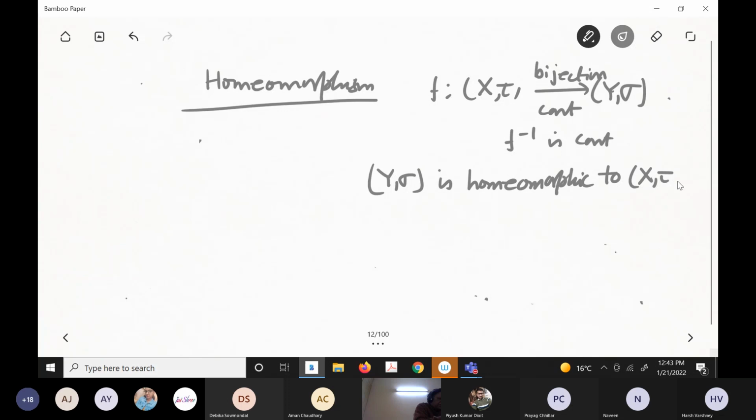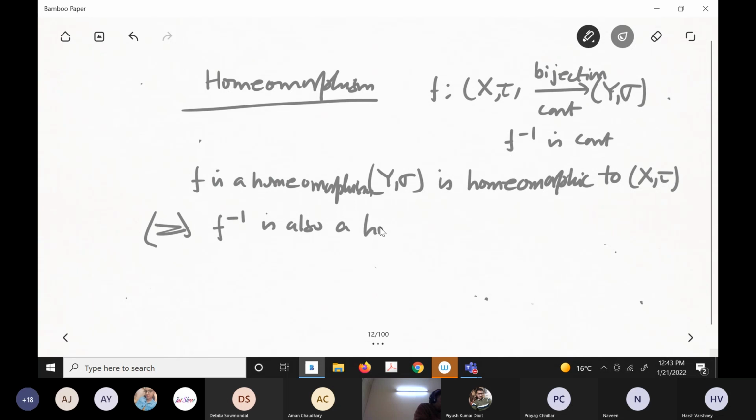Now look, this relation is symmetric because if F is a homeomorphism, then F inverse is also a homeomorphism. In fact, I can write something more: F is a homeomorphism if and only if F inverse also is a homeomorphism.